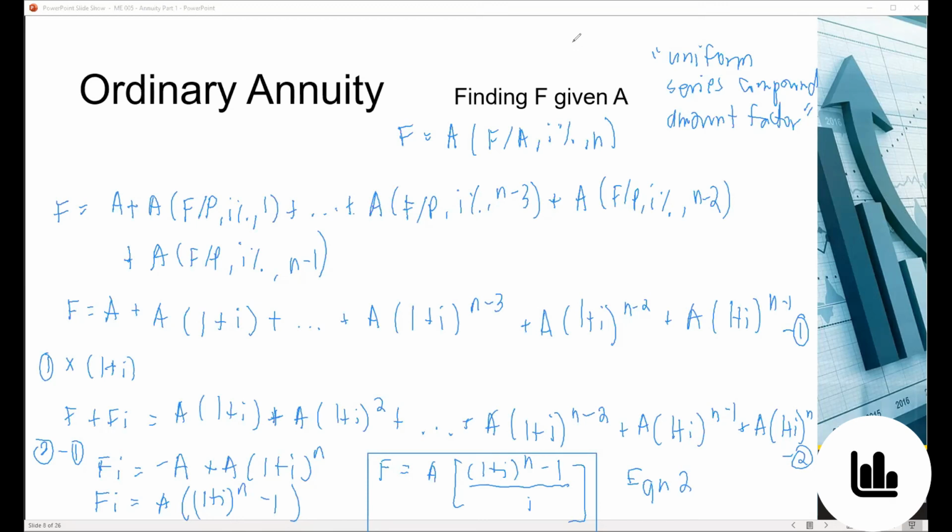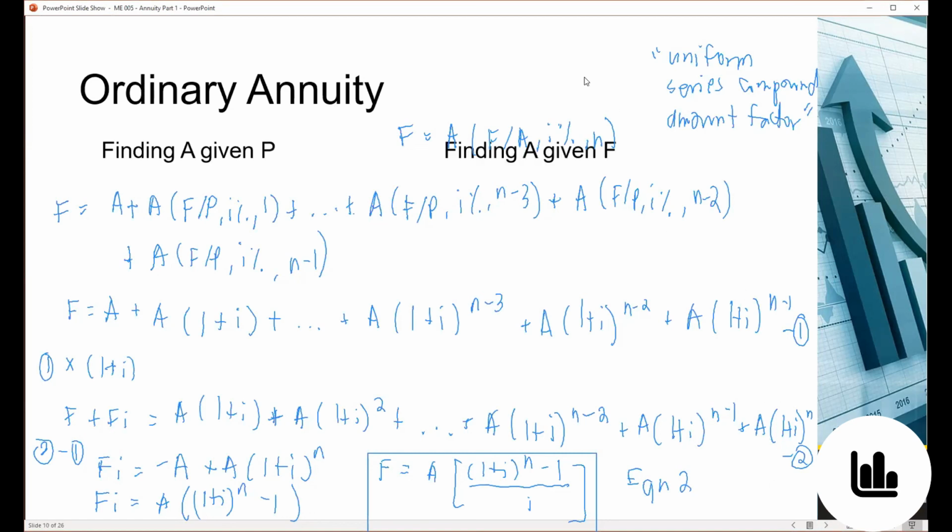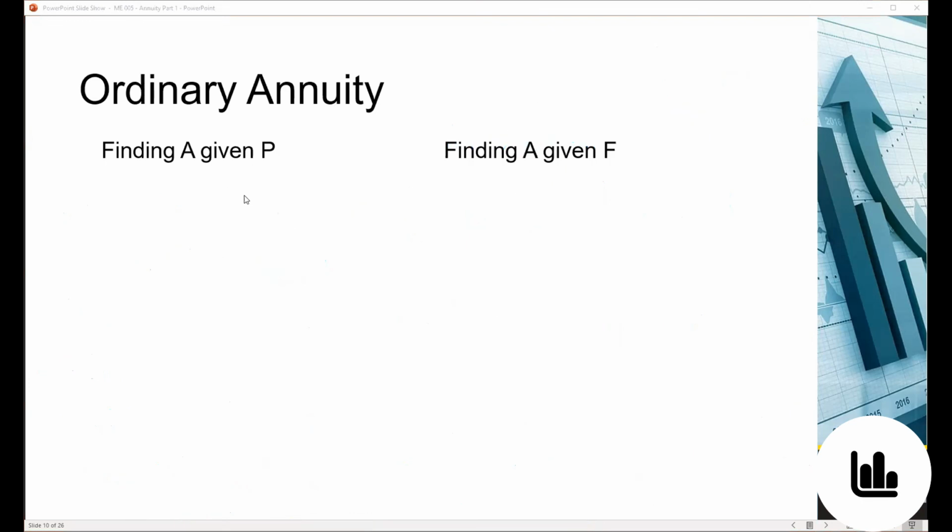Okay. So paano naman, 'di ba? Nakuha natin yung P and F given ng A. Paano naman kung A yung hinahanap given P and F? Paano kaya natin yun i-solve? So, siyempre may mga formula na tayo, no?